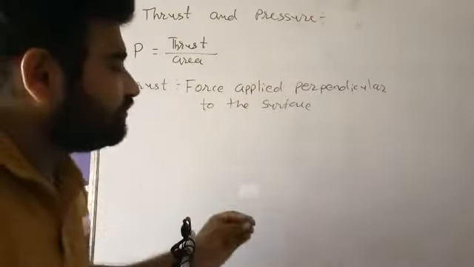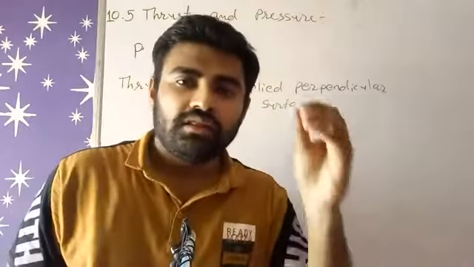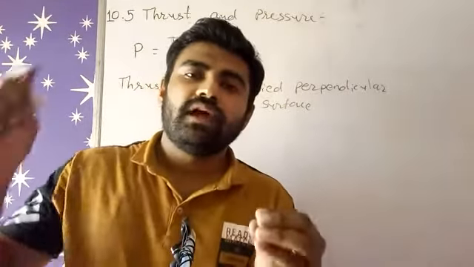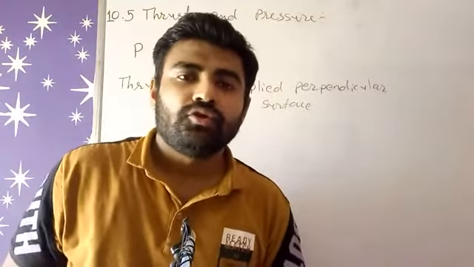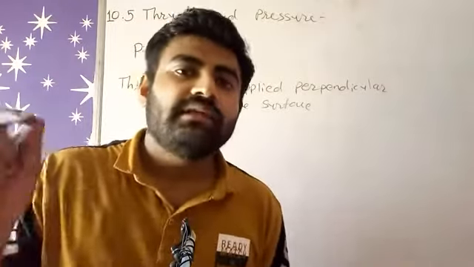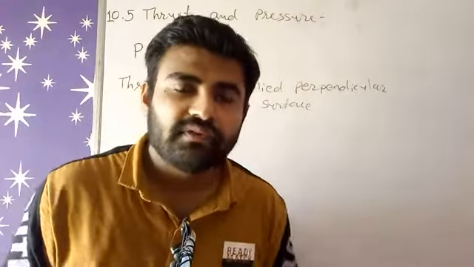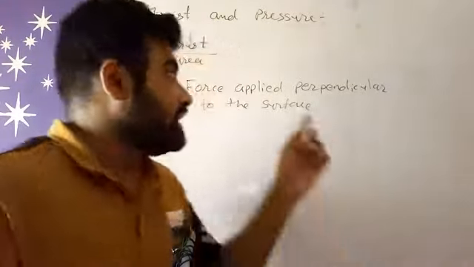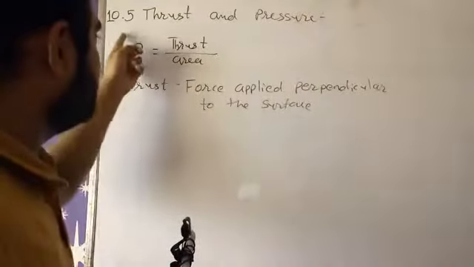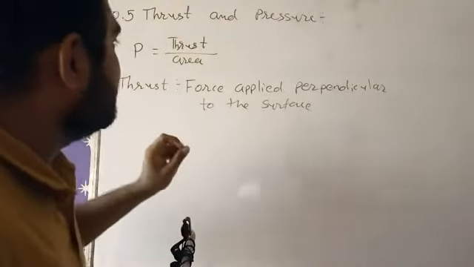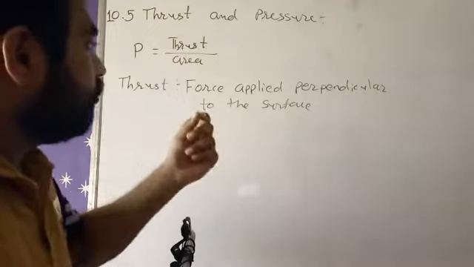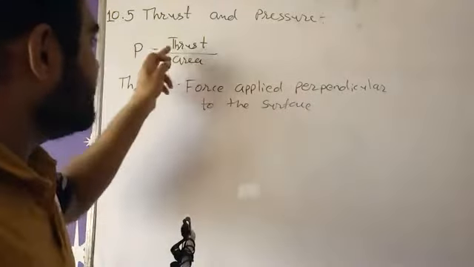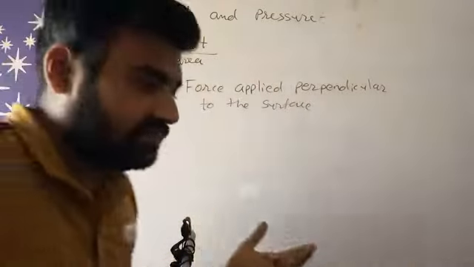But if we use the same hammer on an iron rod, and we are hitting to let that iron rod inside the wall, nothing happens. Why? Because now the area is increased, and when the area is increased, pressure will be decreased. So an iron nail can easily go inside the wall because its area is decreased, pressure will be increased, right?